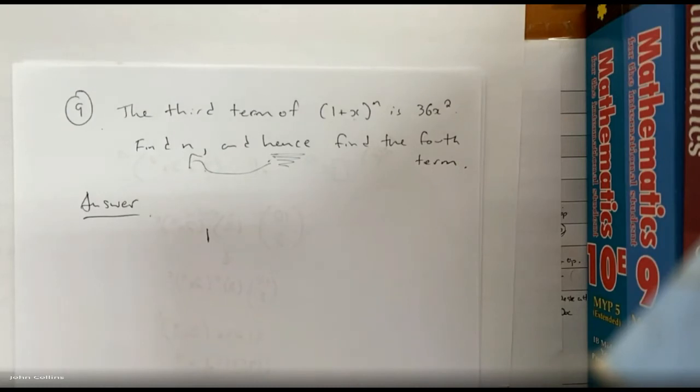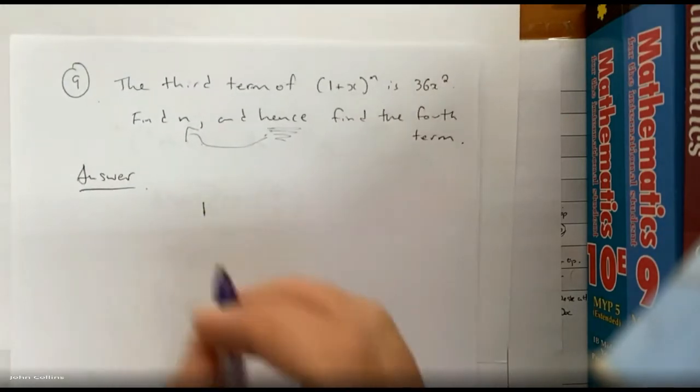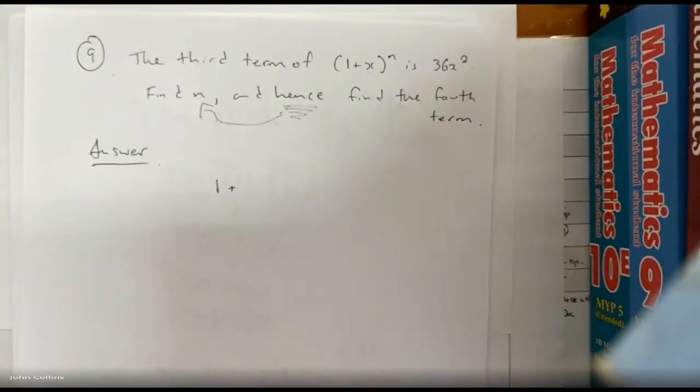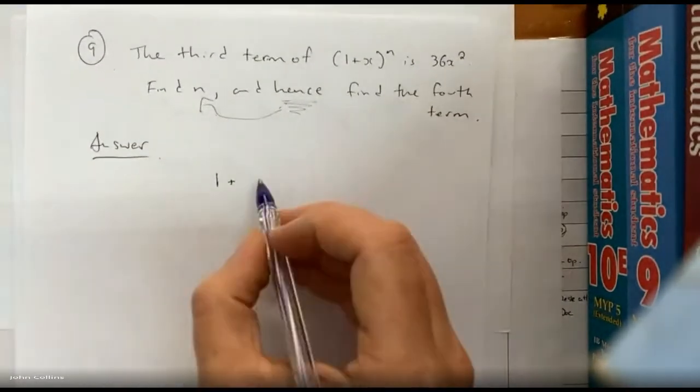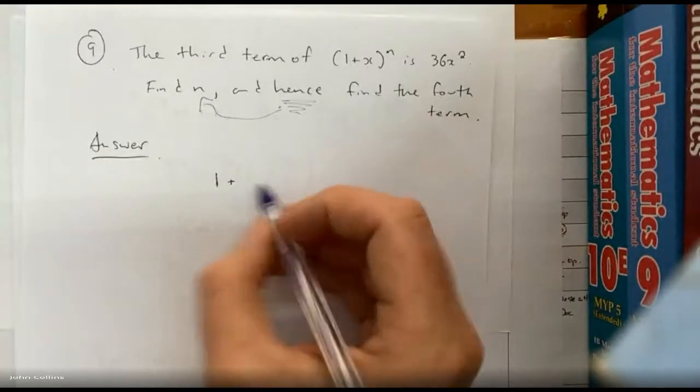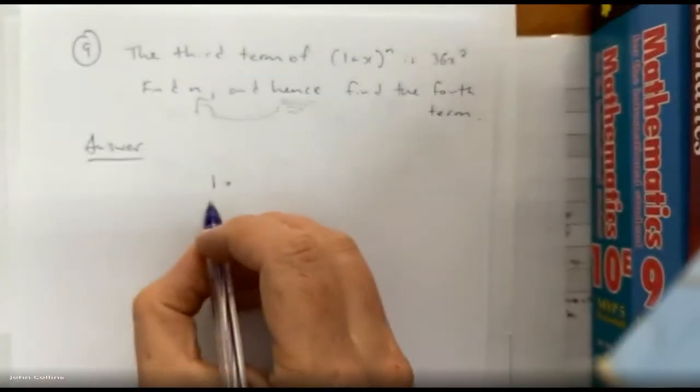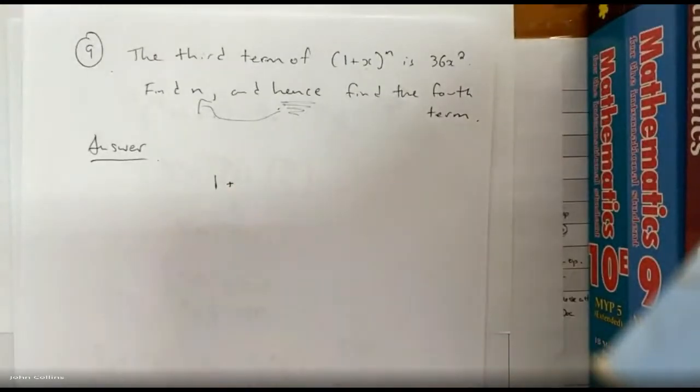How do I know that for sure? Hopefully some of you have figured out how I know that for sure. First term is going to be 1. The second term, I think, might be x. Maybe? Not sure. It'll have x in it, but I'm not sure about the power of x. How do I know it's 1? Well, I could do out the general term.